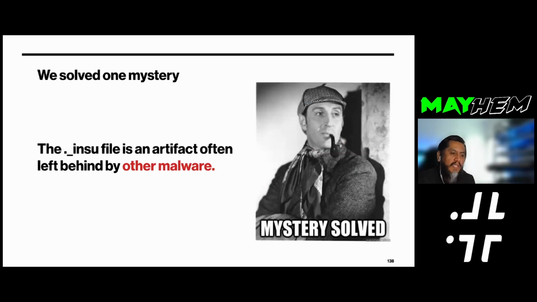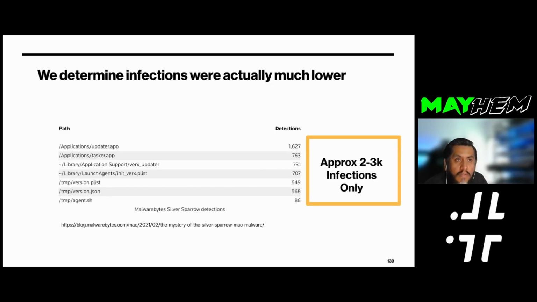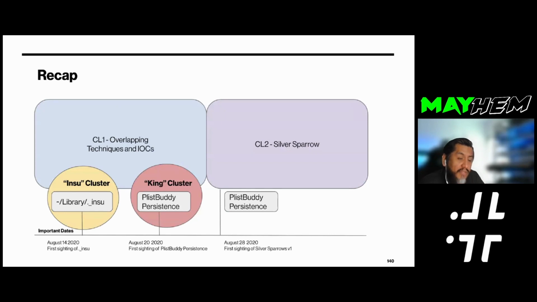Another important thing is we were able to determine that the file is related to other malware. As a result, we can say that the original announcement about the number of infections is exaggerated, and it is more likely much lower, 2,000 to 3,000 infections. Now, that opens the door to a multitude of questions that I'm not going to be able to answer here.